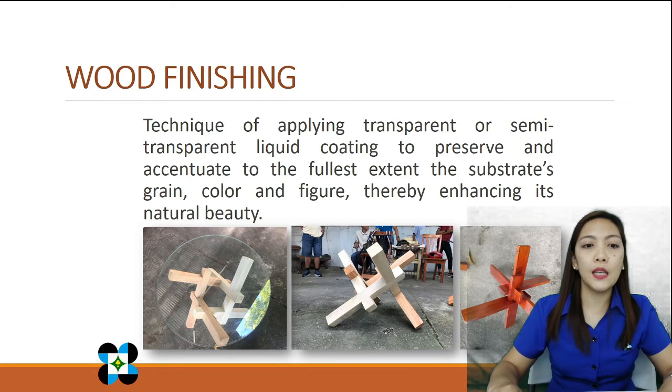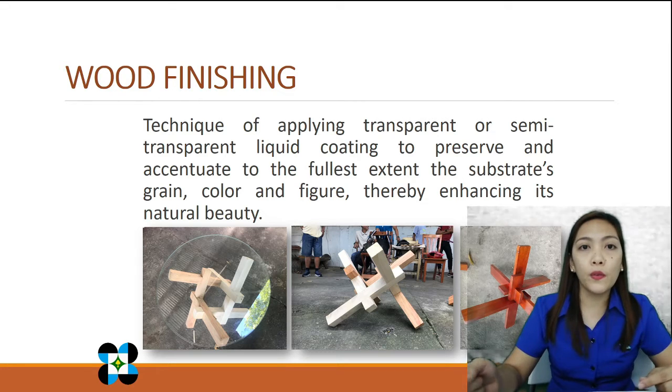Wood finishing is defined as the technique of applying transparent or semi-transparent liquid coating to preserve and accentuate to the fullest extent the substrate's grain, color, and figure, thereby enhancing its natural beauty. So, pwede natin i-dissect yung definition of wood finishing first by comparing wood finishing to that of painting.